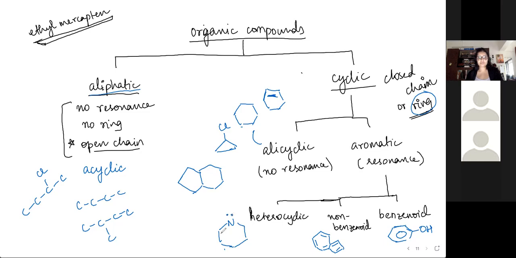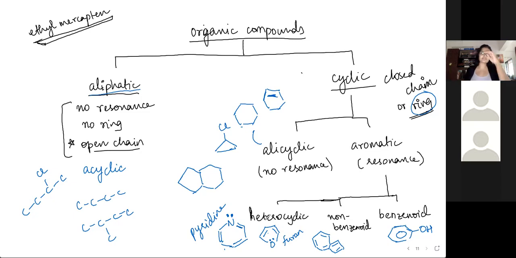You have a lone pair over here. There is a double bond here, here, and here. This double bond again keeps shifting. So this is called pyridine, and there is a lone pair that also gets in a reaction. Then you have furan. Furan is an oxygen-based ring. These are a couple of examples of heterocyclic aromatic compounds.